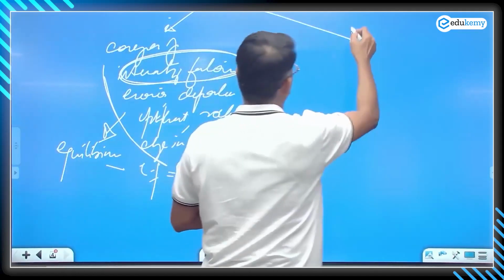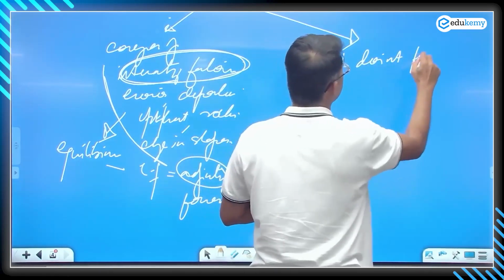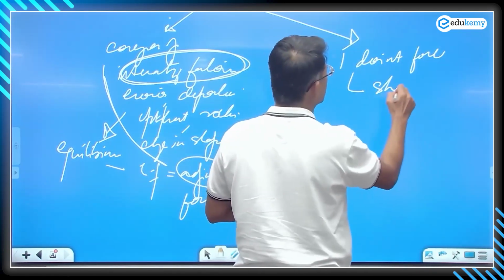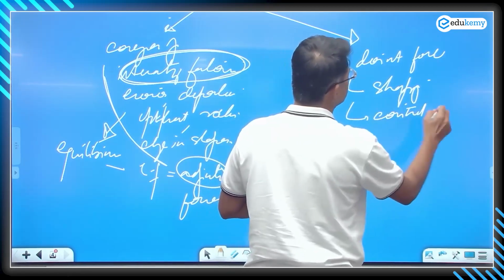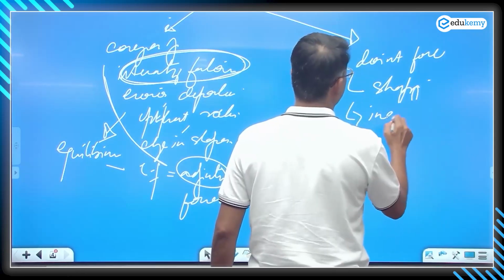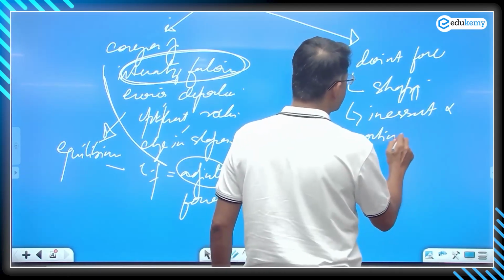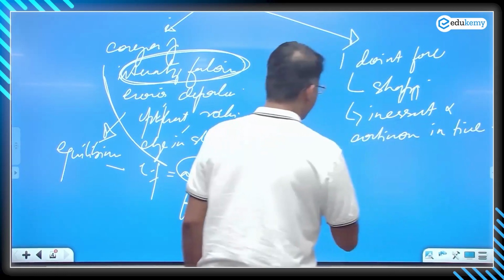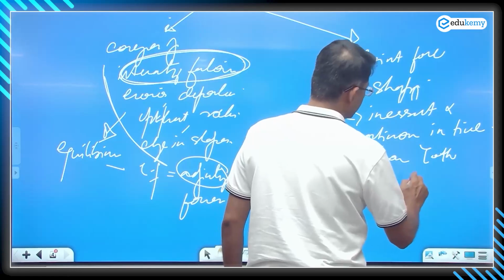The other approach is there is one dominant force, and this force is shaping. The shaping is consistent or continuous rather. The shaping is incessant. ये होता चला जा रहा है and is continuous in time. It starts from the youth, it ends at the base level.